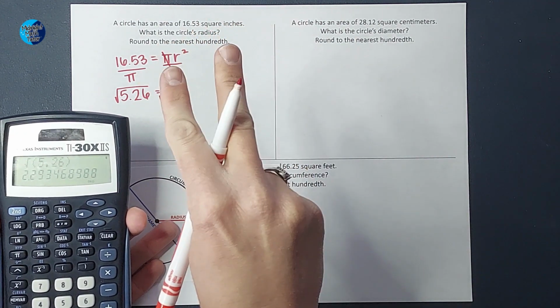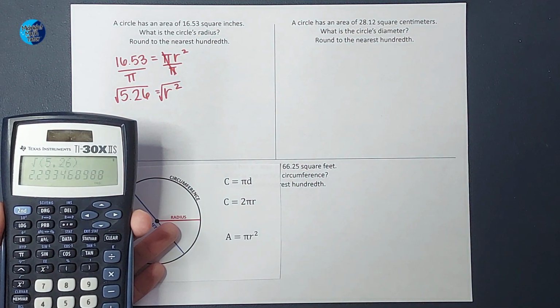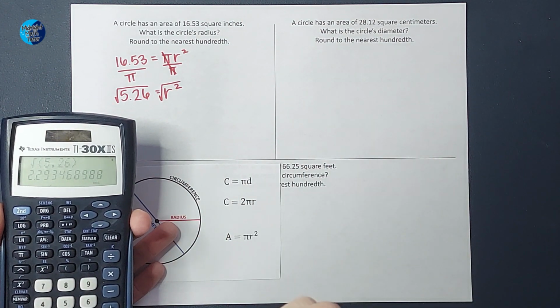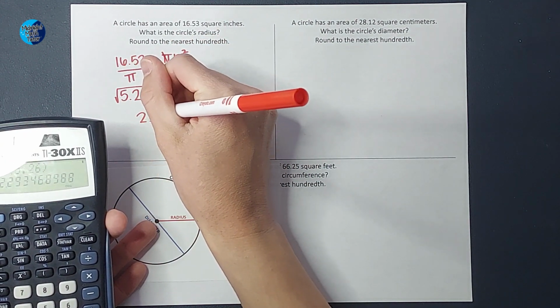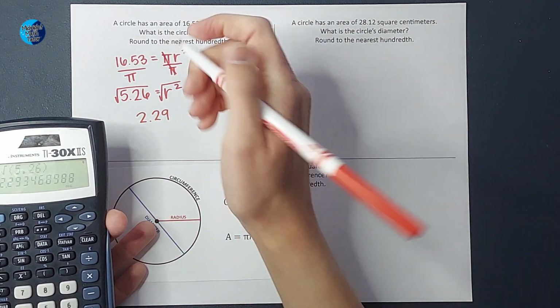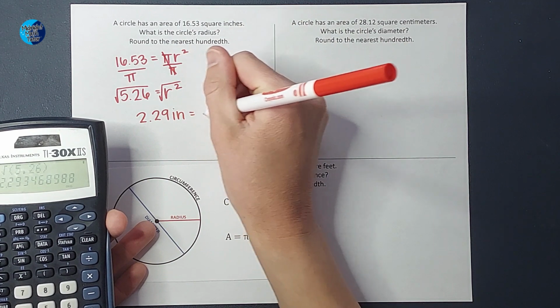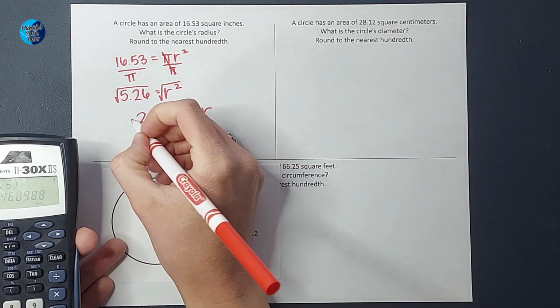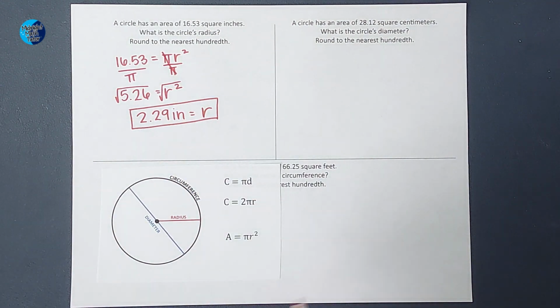So that's 2 numbers after the decimal place. If you need a reminder on rounding decimals, I'll link a video in the corner. But this is going to round to 2.29. And remember, we are in inches, not square inches anymore, because this is my radius. That is equal to my radius. Okay, look at that.